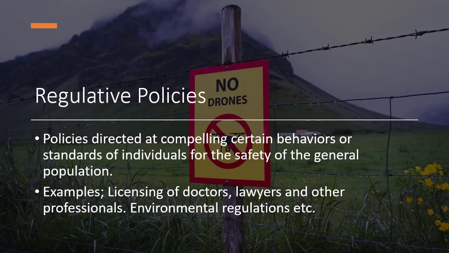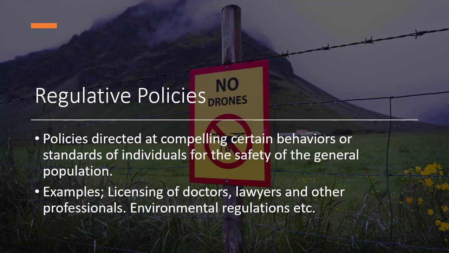Now, the third type of policy we're going to look at is the regulative public policy. Regulative public policies are basically policies directed at compelling certain behaviors or standards of individuals for the safety of the general public. To explain this, I'm going to use the examples I have here. First, the licensing of doctors. For us to have a safe healthcare system, we need quality doctors.